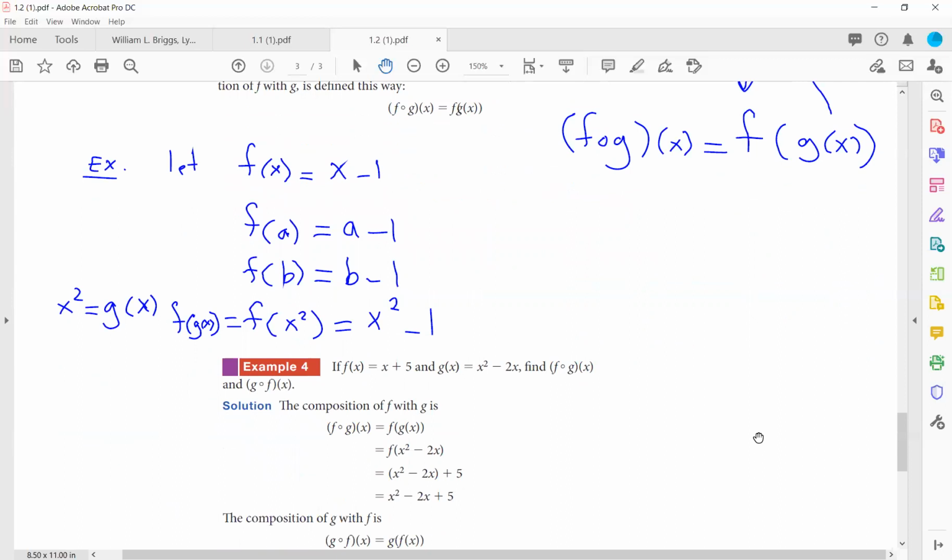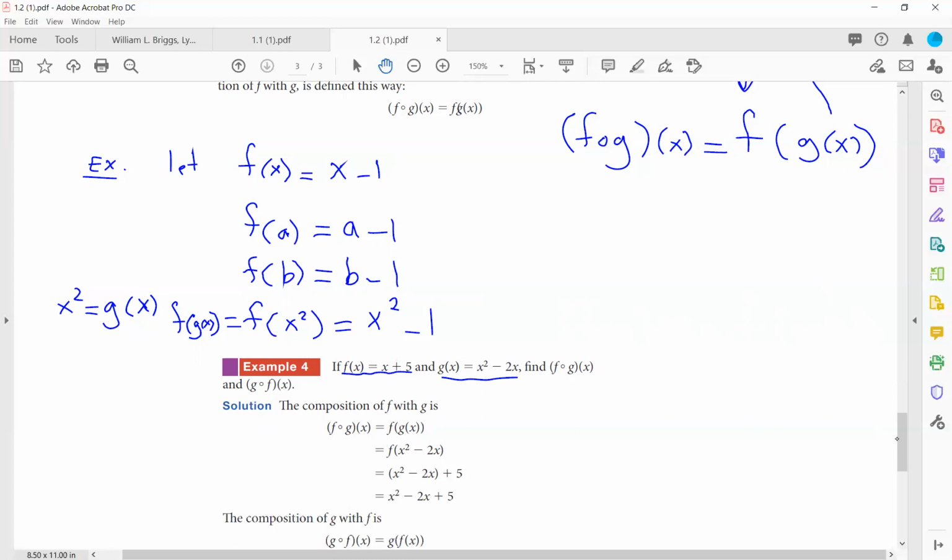Another example for you. Let f be x plus 5 and g be x squared minus 2x. The question says, find f of g of x, also find g of f of x. F of g of x is the composition of f and g.